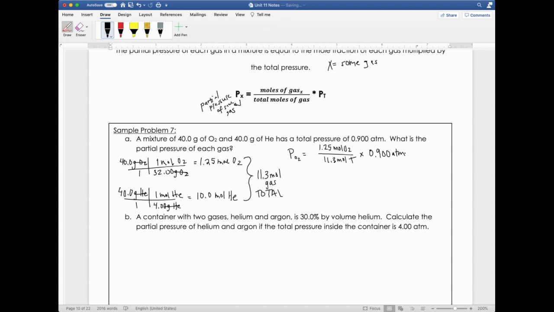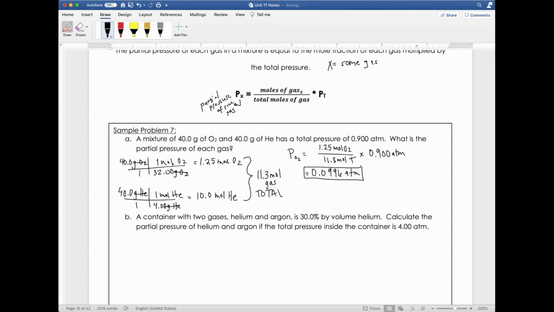And if you multiply that percentage by 0.9, you should find that just the oxygen would exert a pressure of 0.0996 atmospheres. So oxygen exerts a pressure of 0.0996 atmospheres.